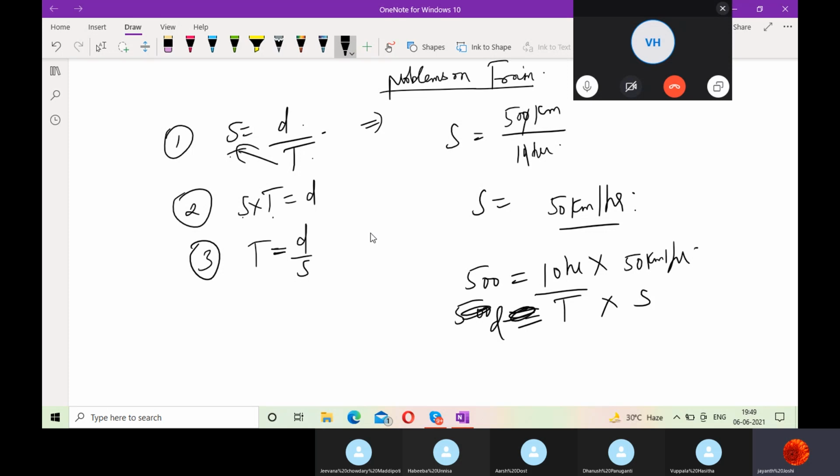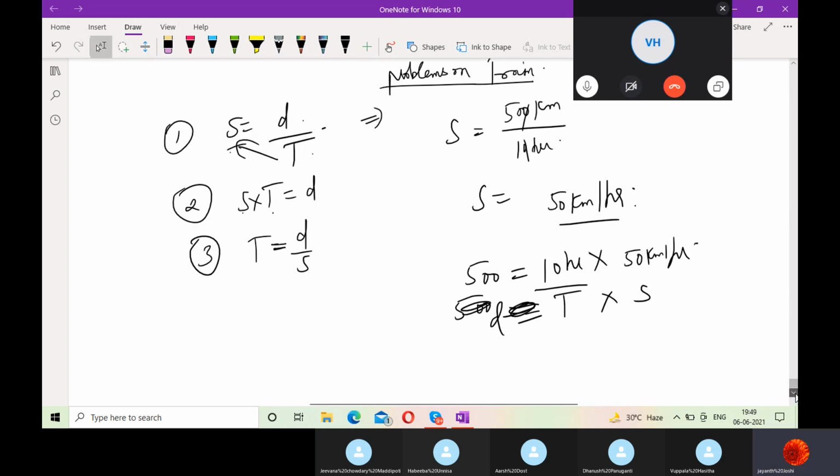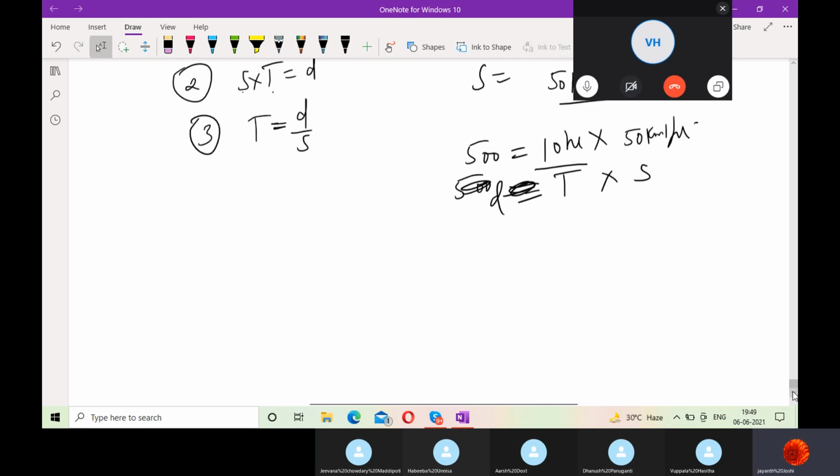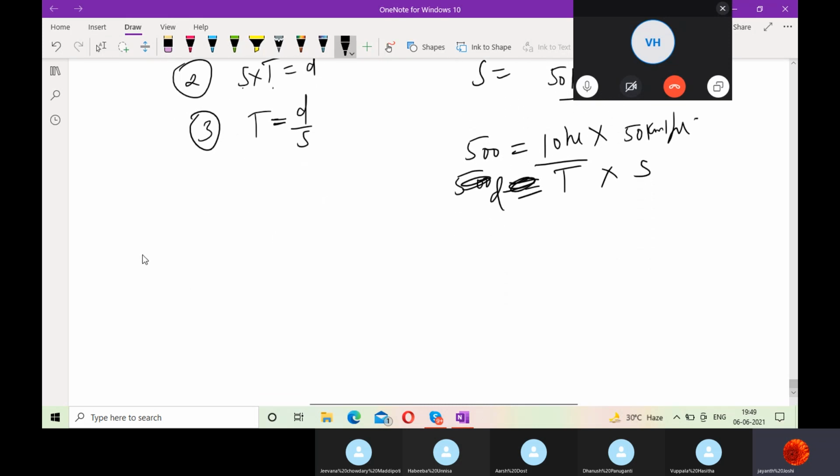Now point number 2. In the question you may get some scenarios whereby things will be given in kilometers per hour, and you need to convert this kilometer per hour into meter per second. So how will you do that?